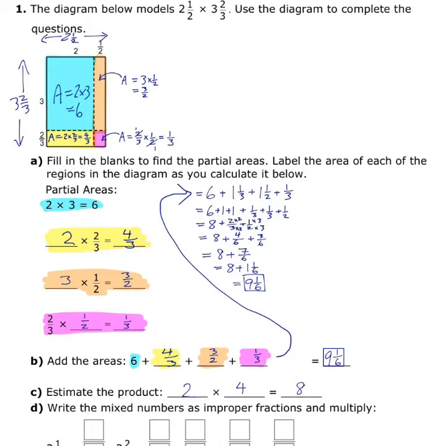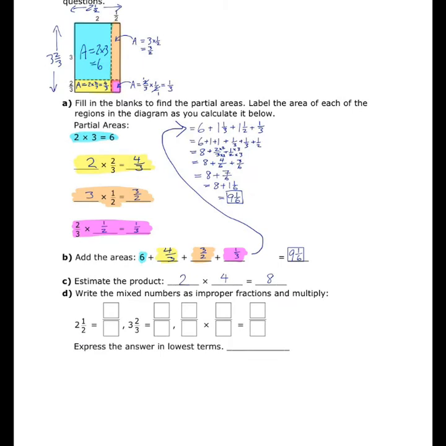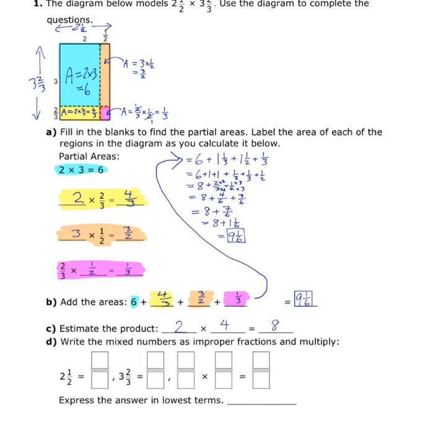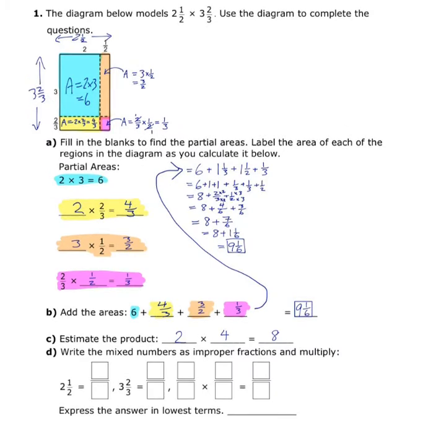Now, the last thing we want to do here is look at how we could do this multiplication by switching the mixed numbers into improper fractions. So let's do that now.